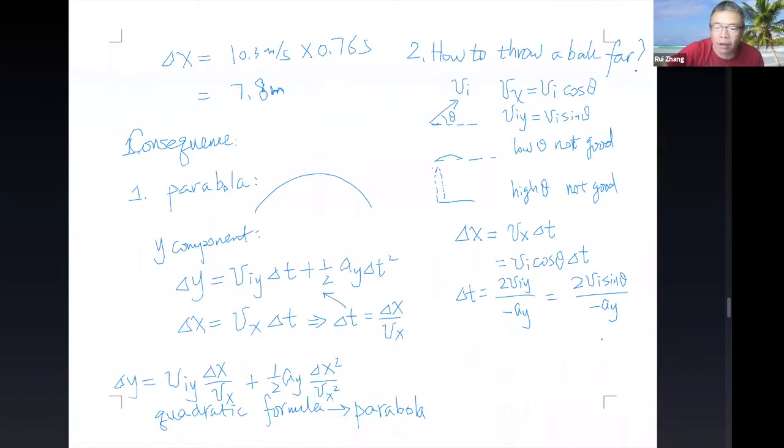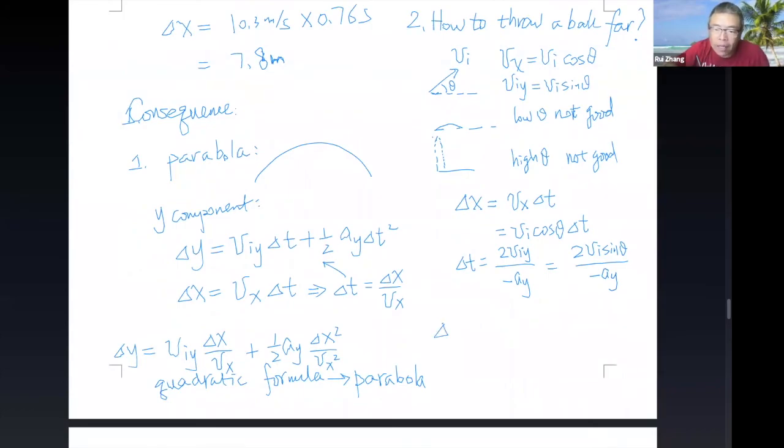If you plug delta t back in there, you have delta x equals Vi, another Vi, so 2 Vi squared, times cosine theta times sine theta, divided by 2 negative aY. Again, this part is totally fixed. The only thing that's changing with theta is this part.